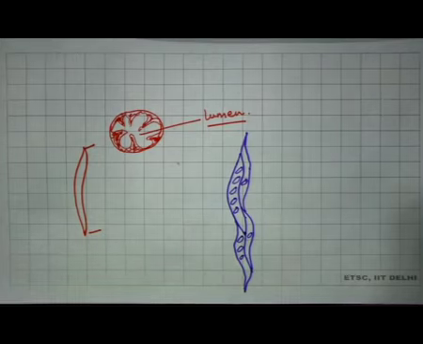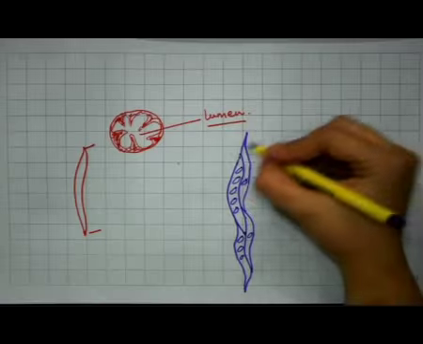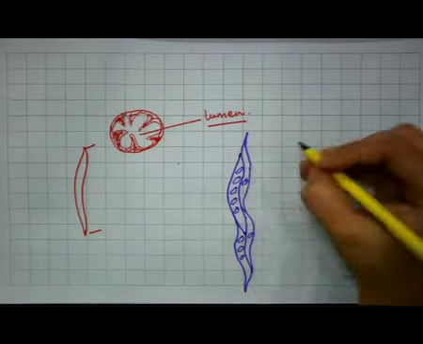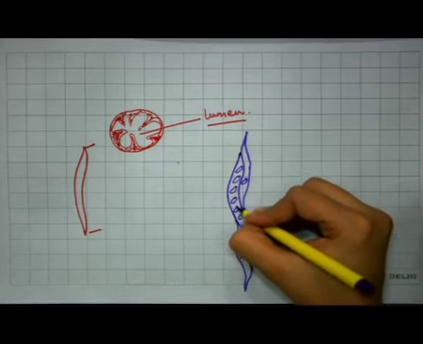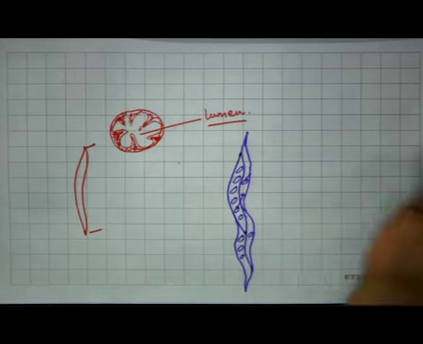So, conduction of water and mineral salts takes place through the bordered pits. Please note here that their end walls are closed. So, the water or the salts have to move from one tracheid to another, and so on and so forth.